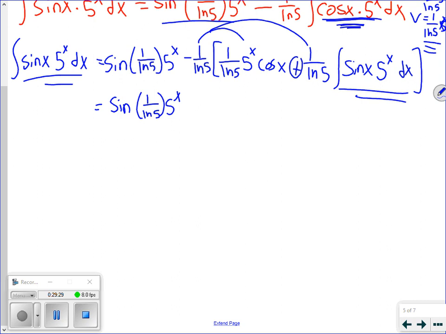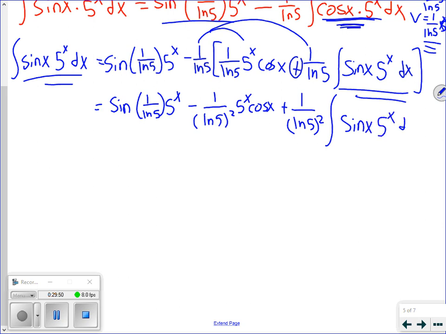If I distribute this through, this is going to end up being 1 over ln of 5 squared, 5 to the x, cosine of x, plus 1 over ln of 5 quantity squared, and then the integral of sine of x, 5 to the x dx. Now, everything is distributed, okay? Everything is distributed.